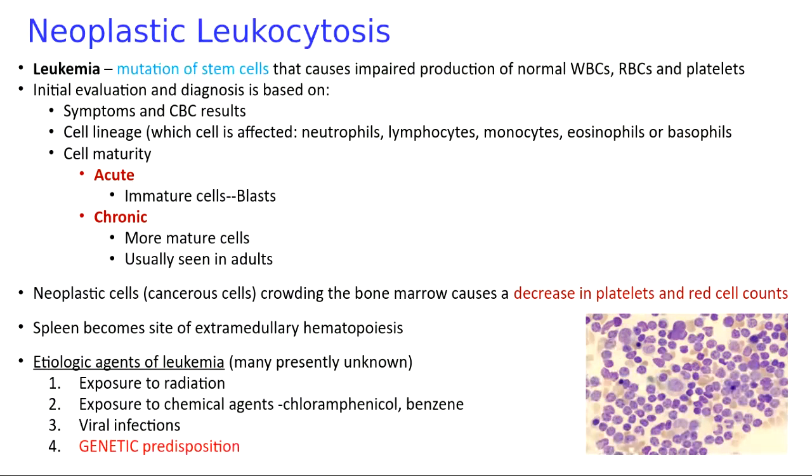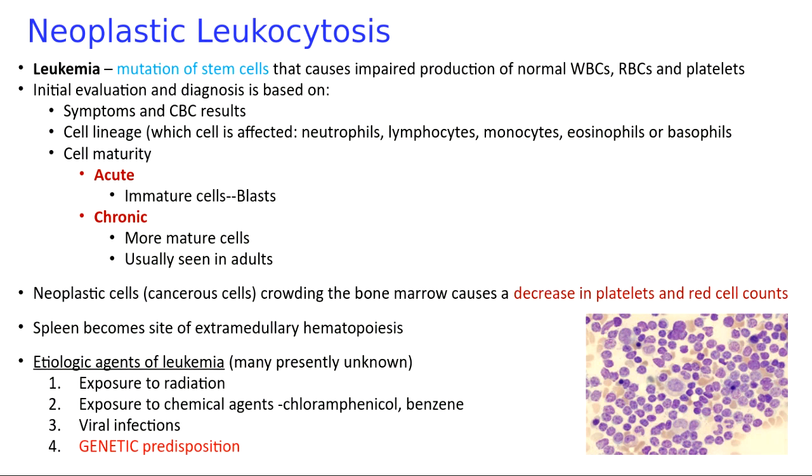So we want to just have an idea of what acute leukemia versus chronic leukemia is. Again, remember that because the bone marrow is sick, even though the neoplastic leukocytosis associated with leukemia is about white blood cells, the red blood cells and the platelets will also be affected.